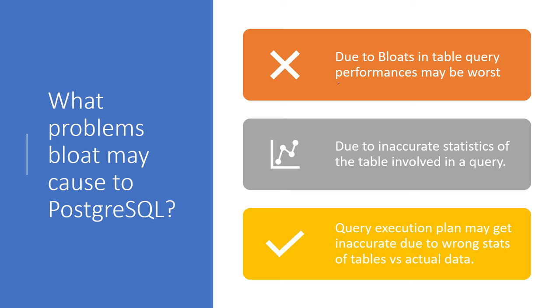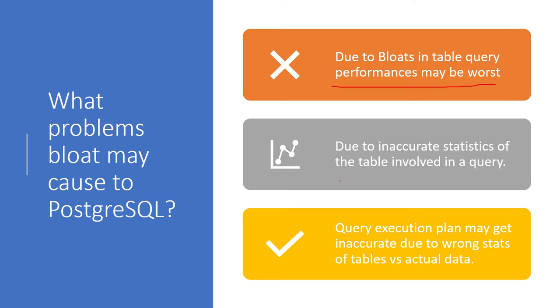First of all, the number of records will be more, although they will not be visible, but in terms of the size of the table, it increases. So it decreases the performance of overall query execution wherein that particular table is involved, where bloating has happened.